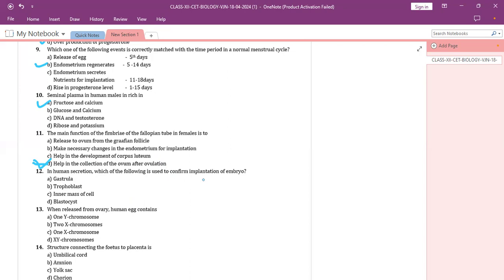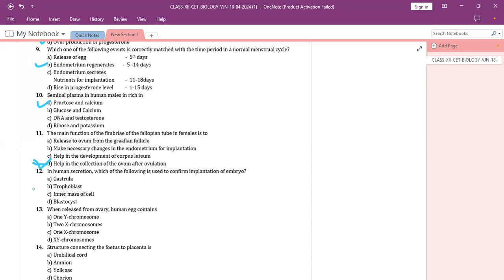If you observe here, the gastrula is formed after gastrulation, so this is out of question. Trophoblast and inner cell mass are the ones responsible for formation of the embryo, but trophoblast is the outer layer, which gives the confirmation of the implantation in the endometrium wall of the uterus.